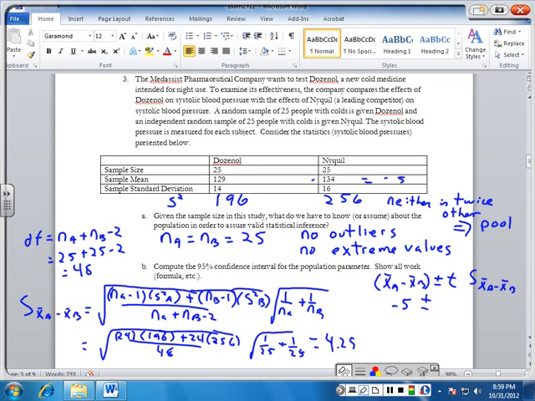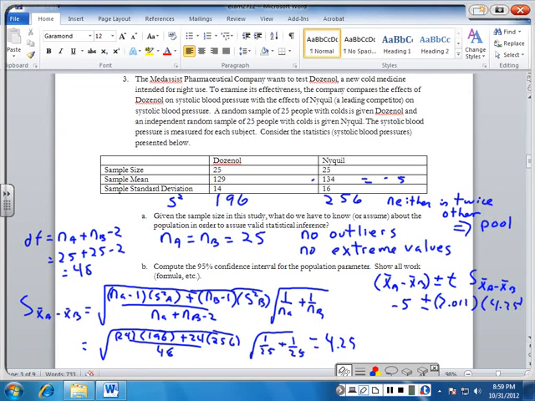Plus or minus the t-value for 48 degrees of freedom and a 95% confidence interval, which is 2.011. Recheck that here. Yes. 2.011 times 4.25.